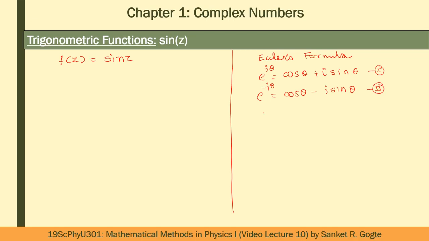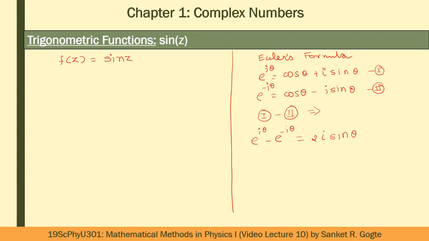Now if I subtract the second equation from the first equation, so the operation I am performing is equation number 1 minus equation number 2, then what I get is e to the power i theta minus e to the power minus i theta is equal to 2i sine theta.